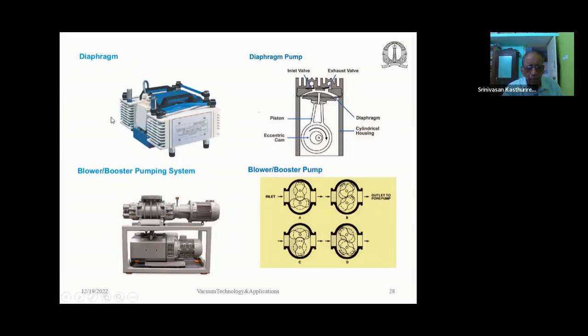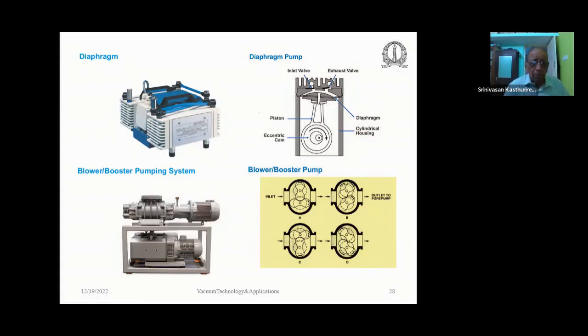You can also have a diaphragm pump in this manner, where you have an eccentric cam. As it moves forward and backward, the eccentric cam makes sure that the piston moves upwards and downwards. Each time, one inlet valve opens, and after the gas is trapped, the exhaust valve opens at the other location. So this is an alternate way of building the diaphragm pump.